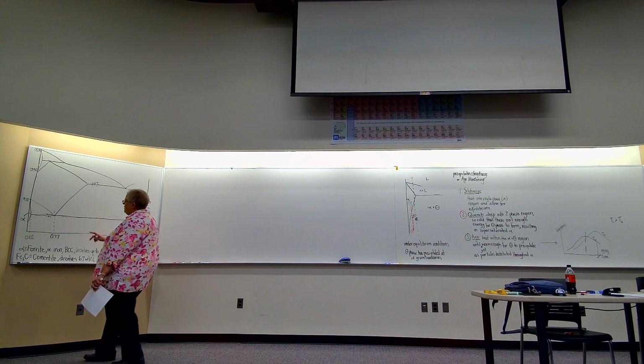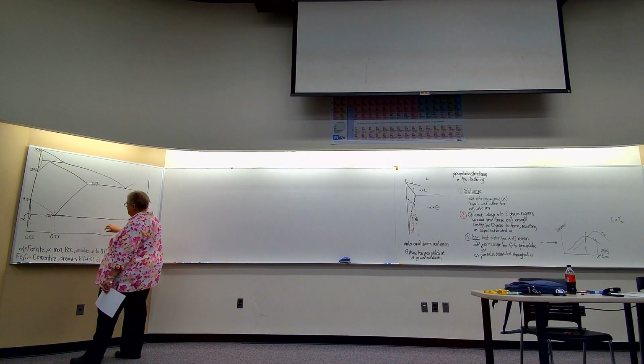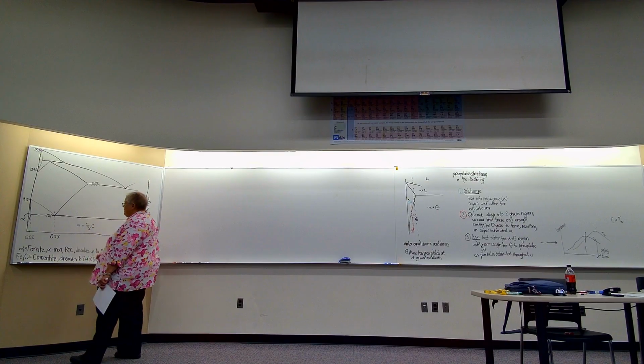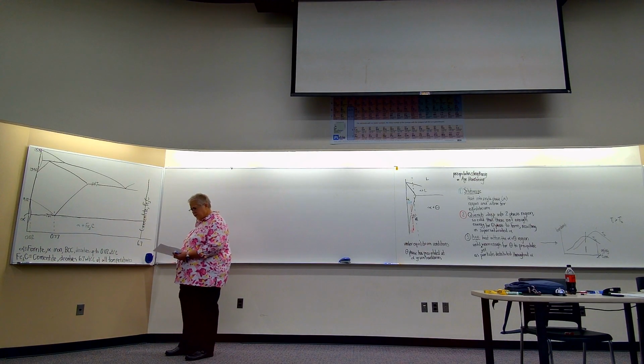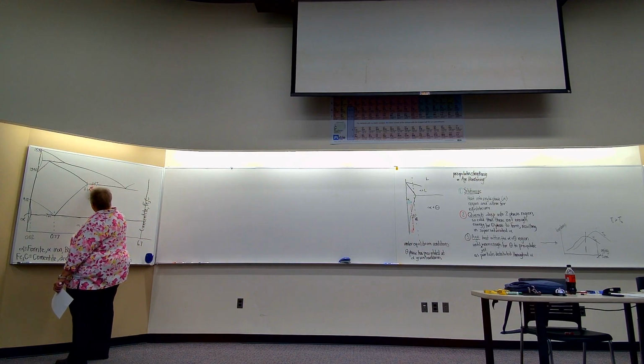And so if this is alpha, and this is cementite, then in here is all two-phase alpha plus cementite. This is clearly not to scale.